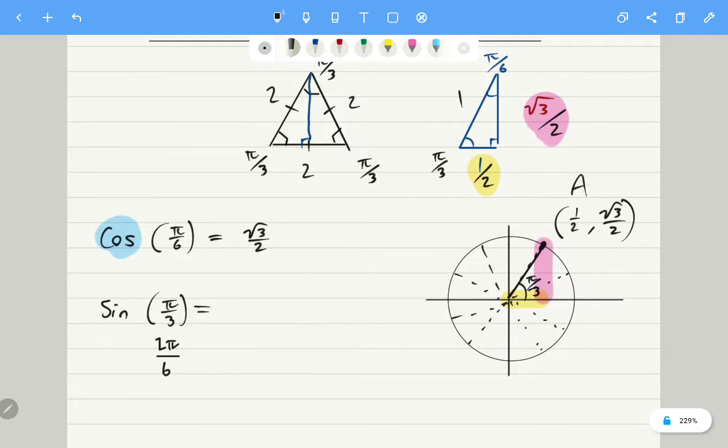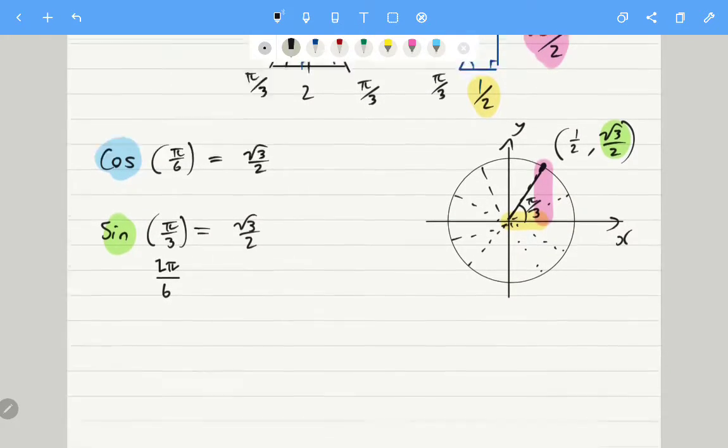And because we're in the all quadrant, they're both going to be positive. You can also think about it because this is the x and the y axis, and it's positive on both axes. Since we're interested in sine, sine is interested in the y coordinate, meaning our final answer is going to be root 3 on 2, and we're finished.